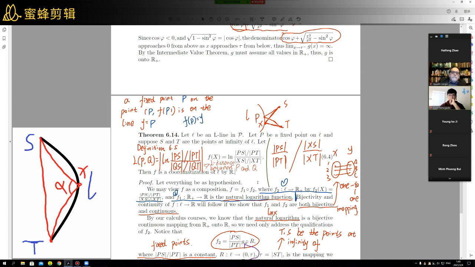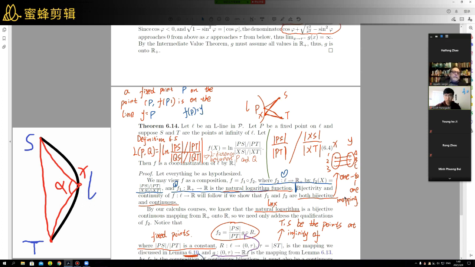And when we prove this part, we need to let everything be as hypothesized. We may view f as a composition, f equals f1 composed with f2, where f2 maps L to R plus, with f2(x) equal to this part.